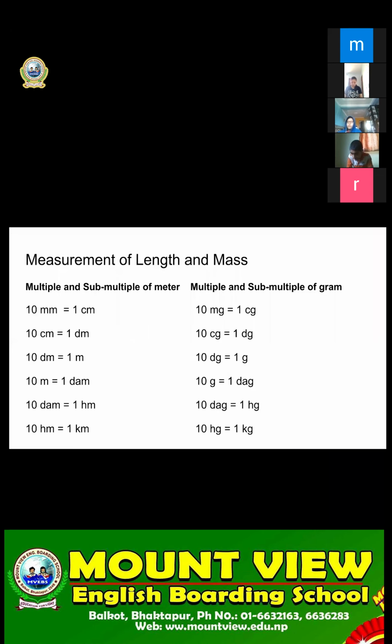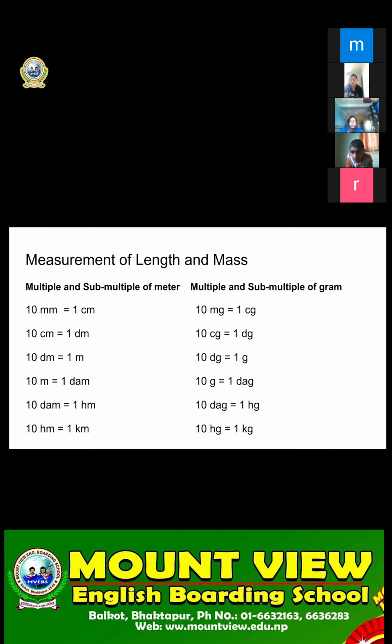And let me conclude today's class by connecting to the future class with the measurement of length and mass. We say the SI unit of length is meter, and the SI unit of mass is kilogram.